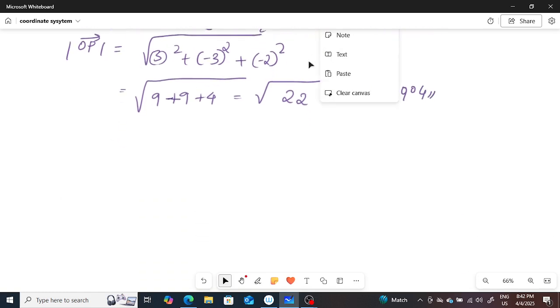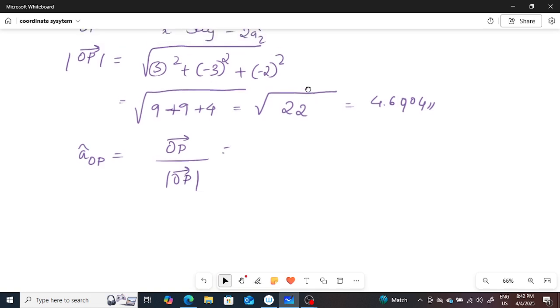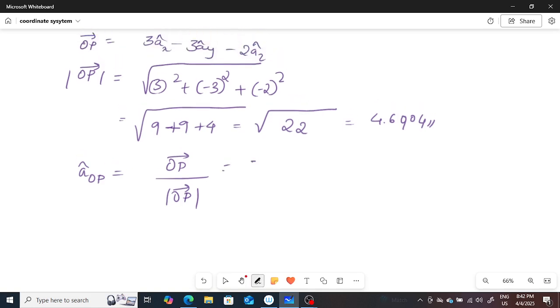But what is the question? You have to find the unit vector from origin to the given point: OP divided by the magnitude of OP. So the OP vector is 3ax minus 3ay minus 2az, divided by 4.6904, because the magnitude of the OP vector is this much.